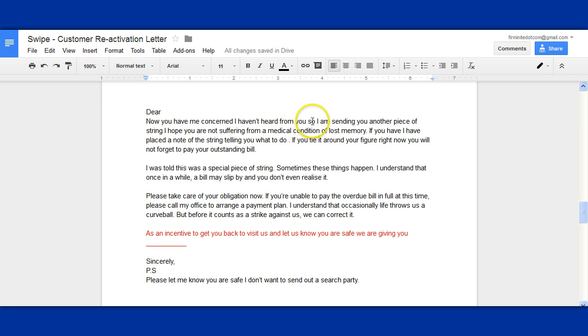I haven't heard from you, so I'm sending you another piece of string, hoping you are not suffering from a medical condition or loss of memory. I have placed a note on the string telling you what to do. If you tie it around your finger right now, you will not forget your outstanding bill. I was told this was a special piece of string.